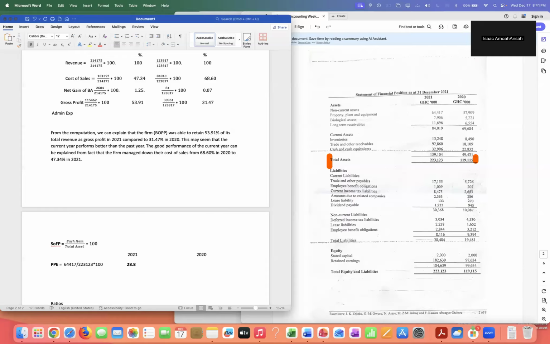Okay. So out of your 100% total assets, you have 28.87 of it in property, plant, and equipment, right? Almost 29% of your total investment in assets is in property, plant, and equipment.